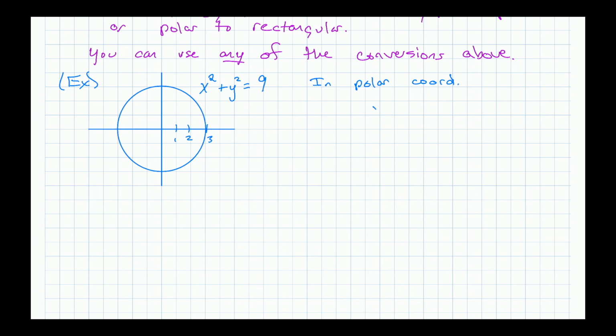What you do is you say, well, x squared plus y squared equals 9. Then you look at that x squared plus y squared and ask, what can I find a conversion for that?